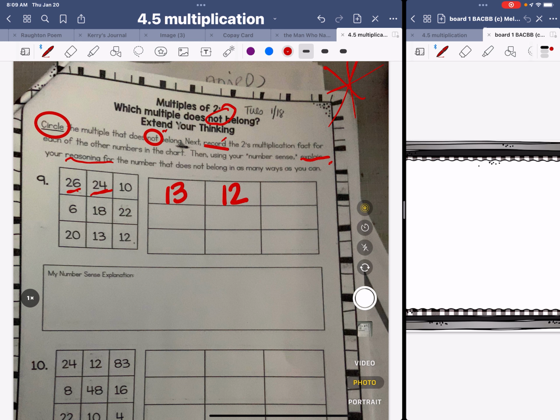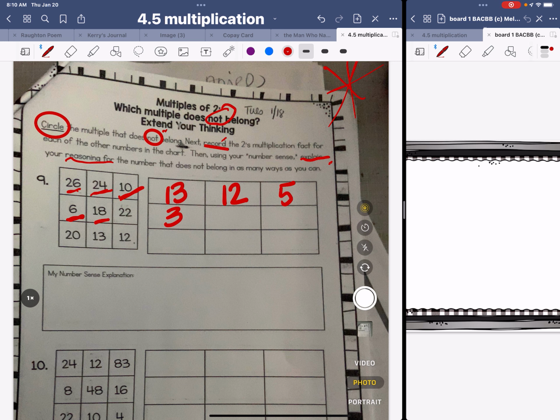So I'm going to write 12 here. And then right here for 10, what number do I multiply 2 by to get the product of 10? That would be 5. And then down here, what number do I multiply 2 by to get the product 6? I know that I multiply 2 times 3 to get 6.